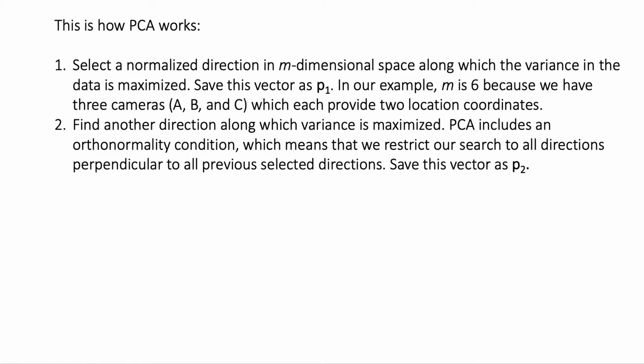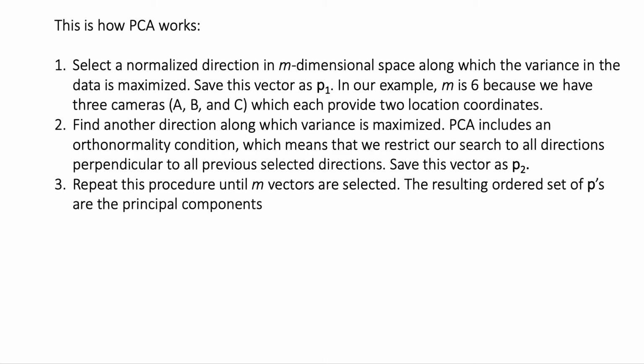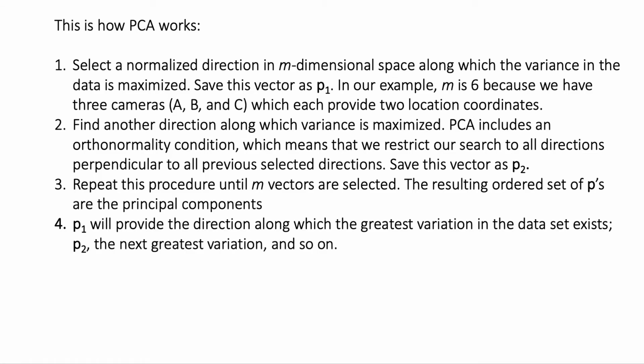PCA includes an orthonormality condition, which means that we restrict our search to all directions perpendicular to all previously selected directions, and we save this vector as P2. We repeat this procedure until m vectors are selected. The resulting ordered set of P's are the principal components.